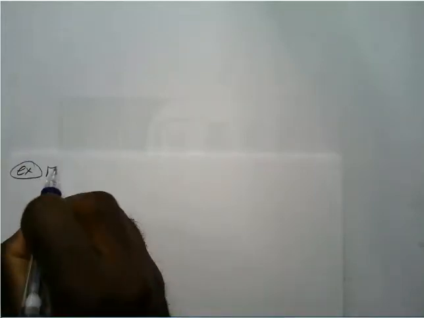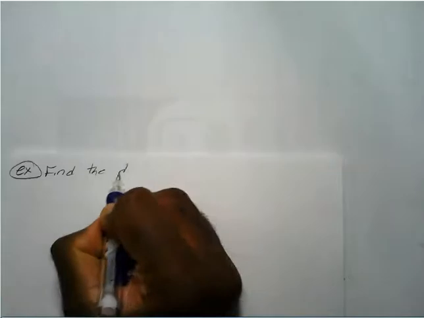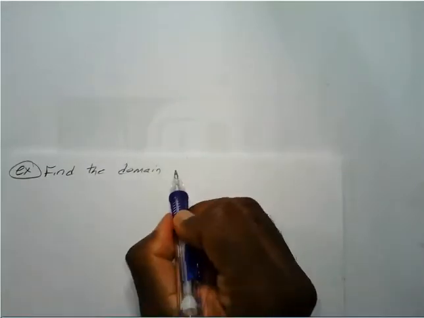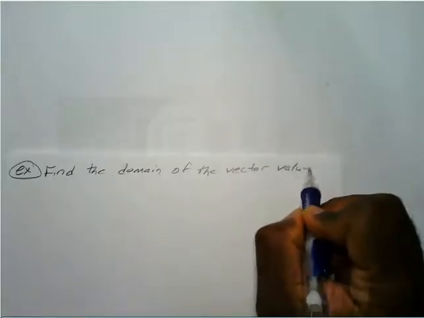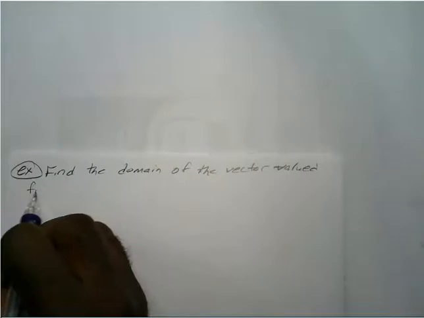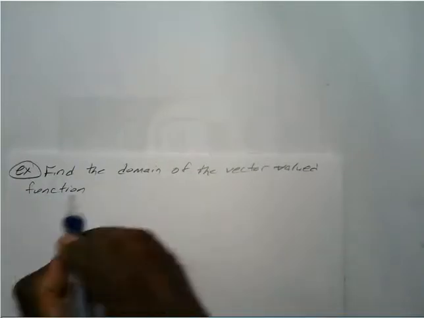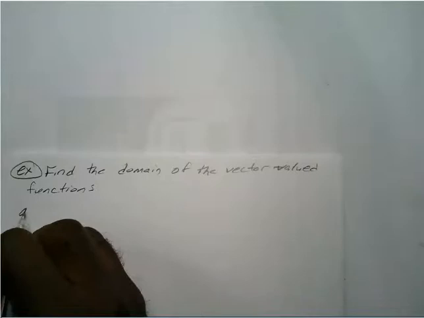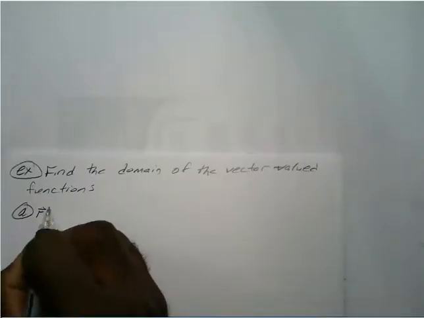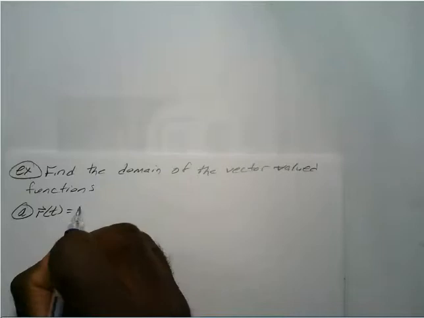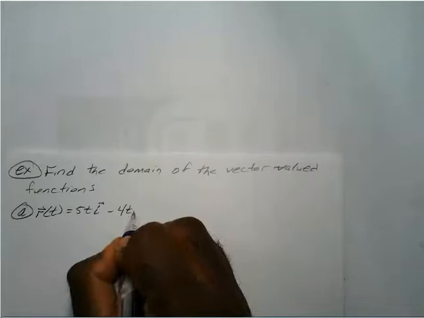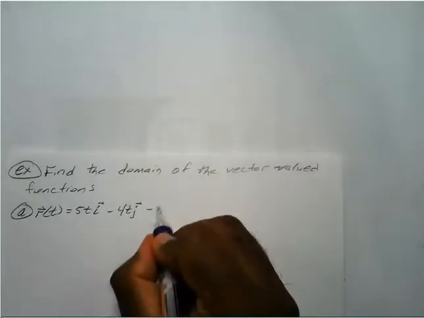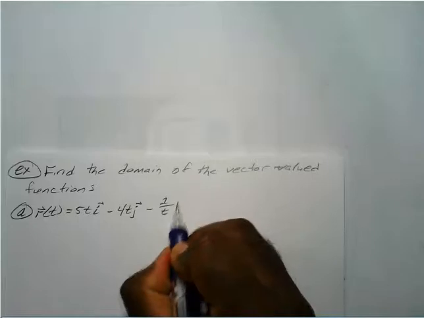All right, so for example, say if we wanted to find the domain of the vector valued functions, since there are 2 of them. Let's say for problem A, we have r of t is equal to 5t times the i vector minus 4t times the j vector minus 1 over t times the k vector.